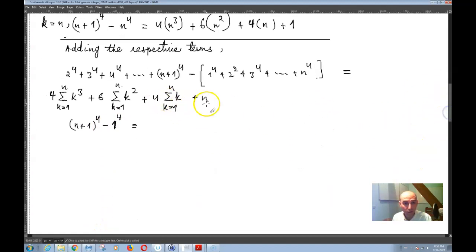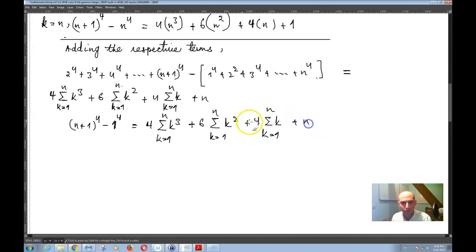And then the other side of the equation becomes this, meaning that 4 times sigma k cube as k goes from 1 to n, plus 6 times sigma k squared as k goes from 1 to n, plus 4 times sigma k as k goes from 1 to n, plus n. That is basically the equation we were looking for.